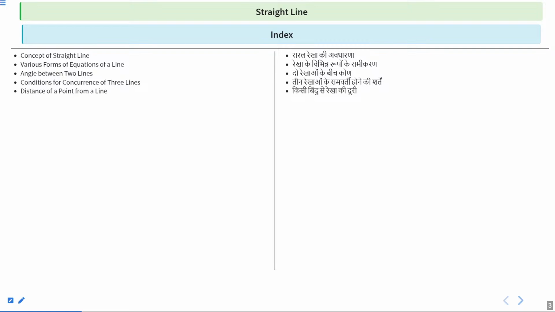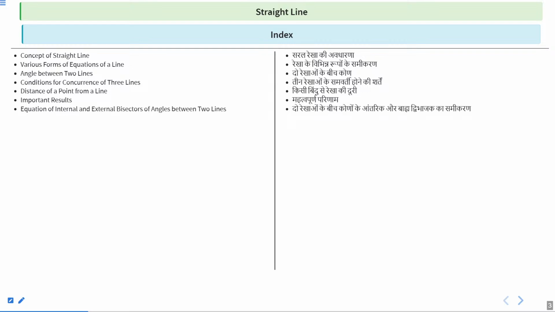Next, we will discuss the distance of a point from a line, right? After that, we will see some important results of straight lines. After that, we will discuss the equation of internal and external bisectors of the angle between two lines, right?